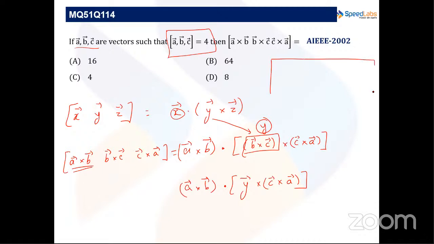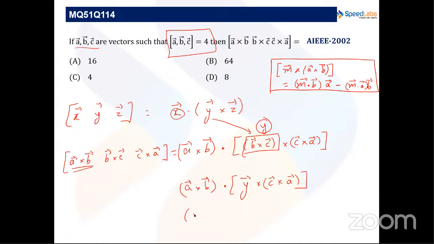If you are having three vectors, let's say m cross a cross b, then it is equal to m dot b vector a minus m dot a vector b.